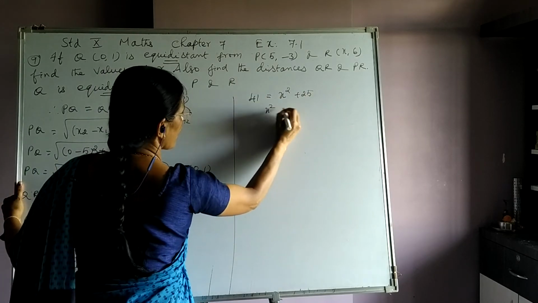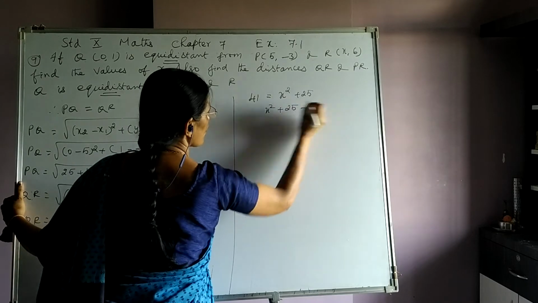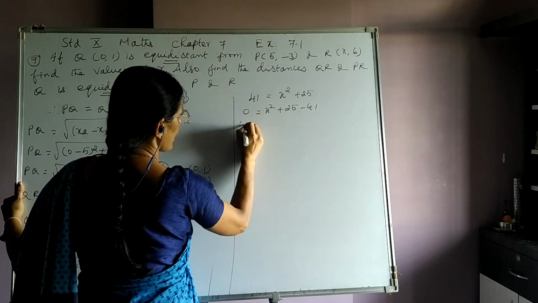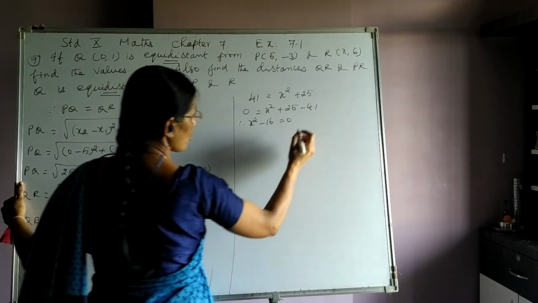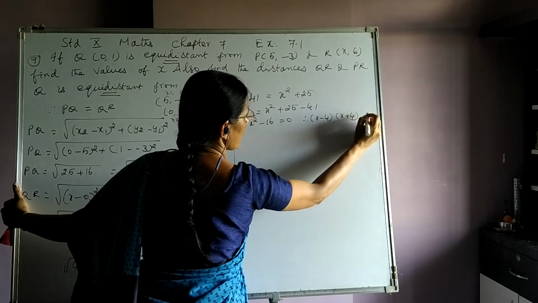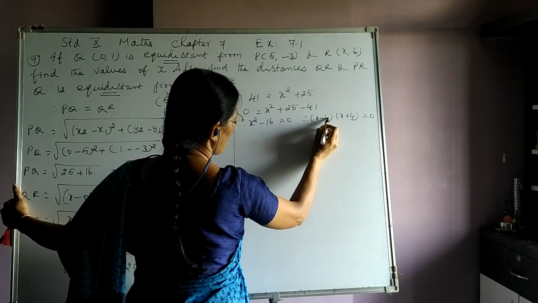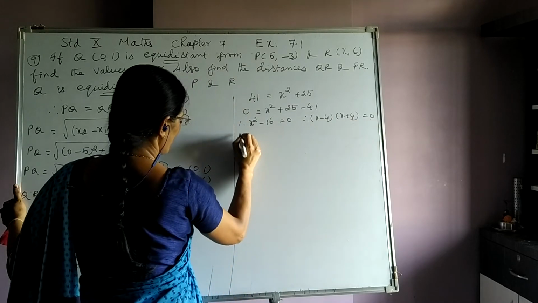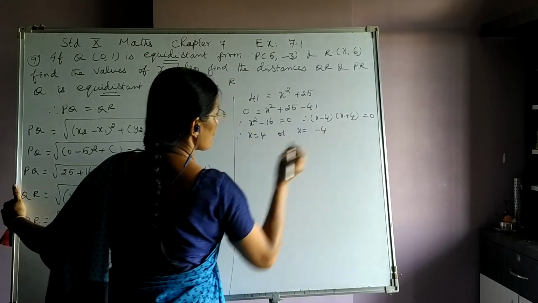So x square plus 25 minus 41 equal to 0. Therefore, x square minus 16 equal to 0. Therefore, (x minus 4)(x plus 4) equal to 0. Using a square minus b square, the factors are (a minus b)(a plus b) equal to 0. Therefore, x equal to 4 or x is equal to minus 4.